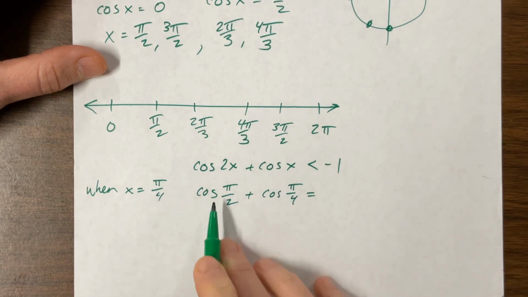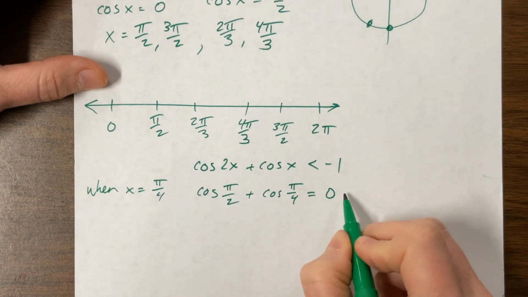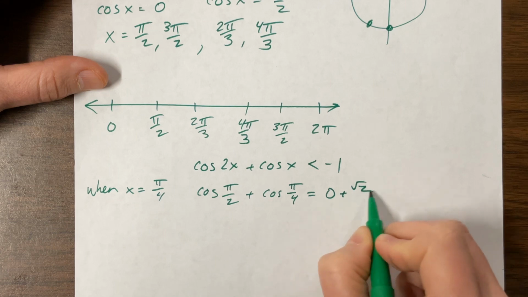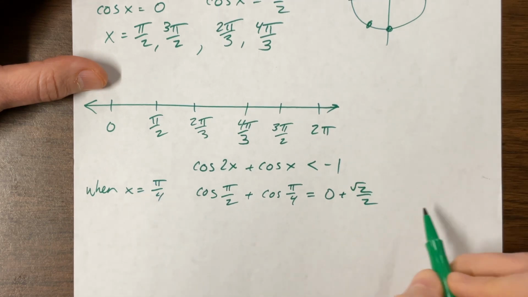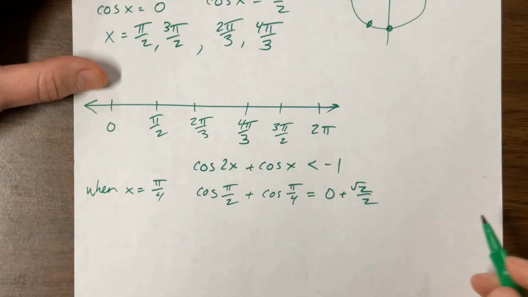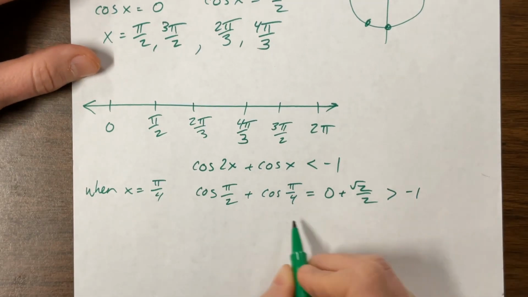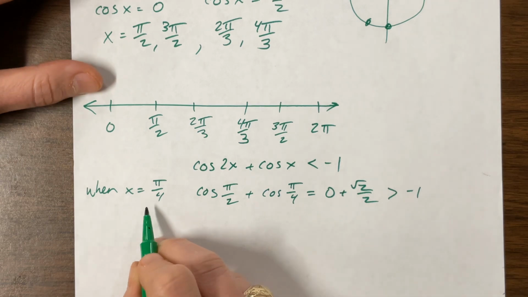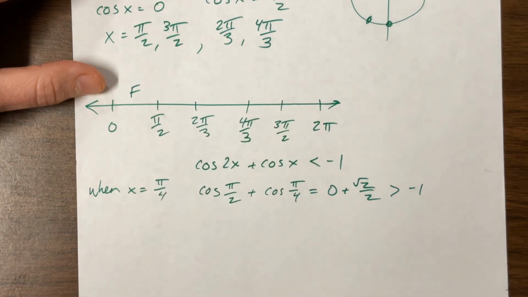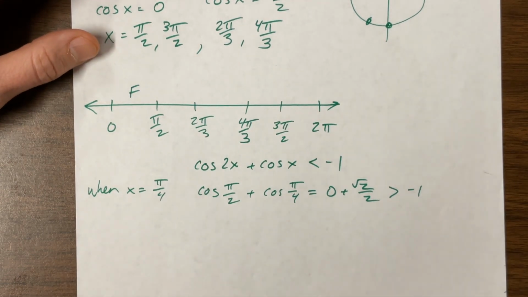Cosine of pi over 2 is 0, plus root 2 over 2. Is that less than negative 1? No, this is actually greater than negative 1. So the interval where pi over 4 falls gives me a false situation. So I'm writing F for false.